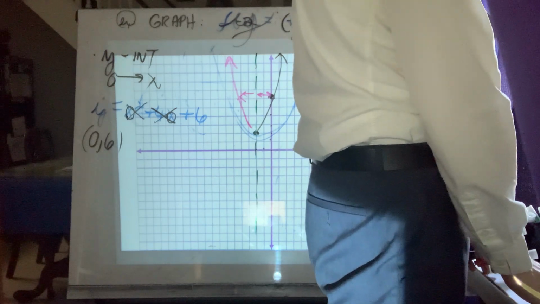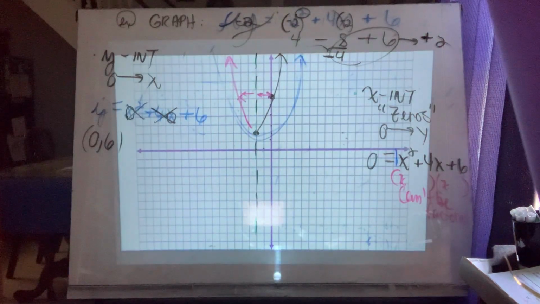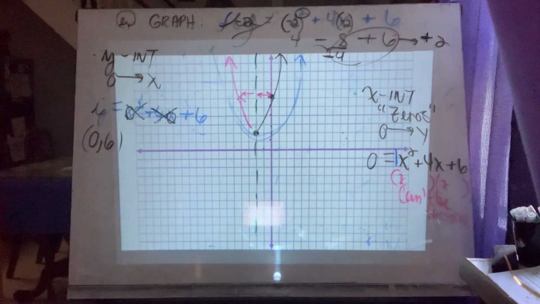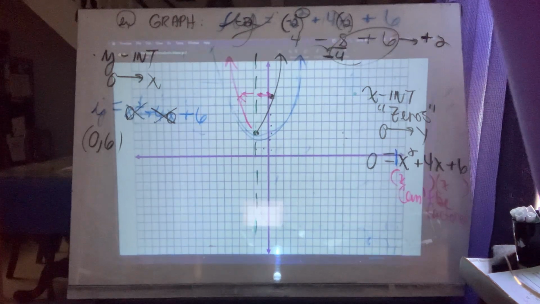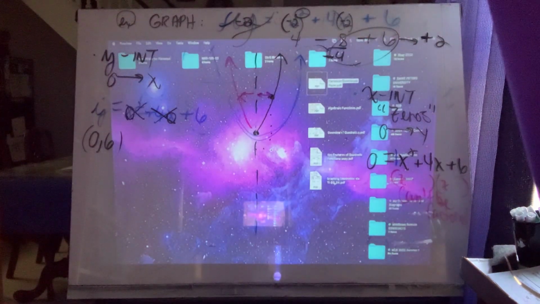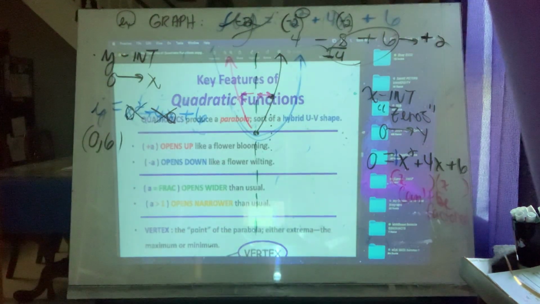Okay, let me show you something, because more likely you'd be doing this with your calculator. And I made a sheet for that. No, not that one.